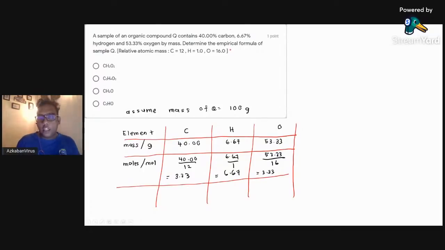So from here kita cari dia punya simplest ratio. Simplest ratio kita akan bahagikan dia dengan nilai yang paling kecil.